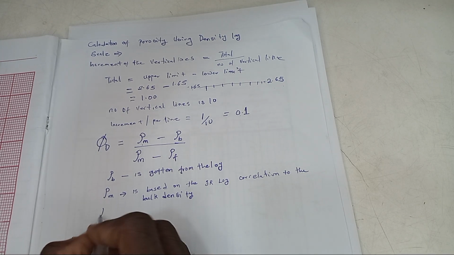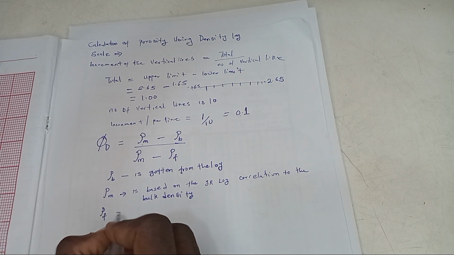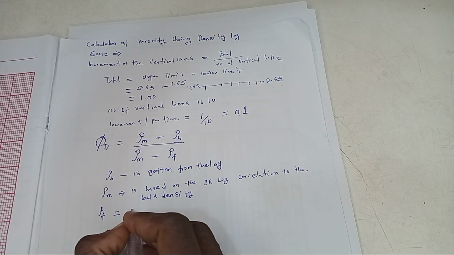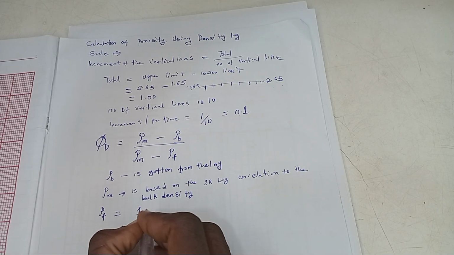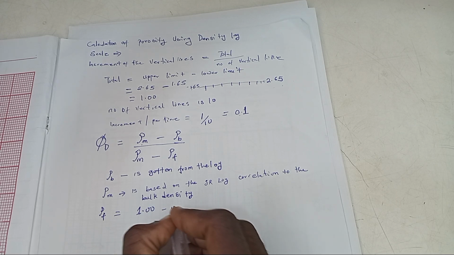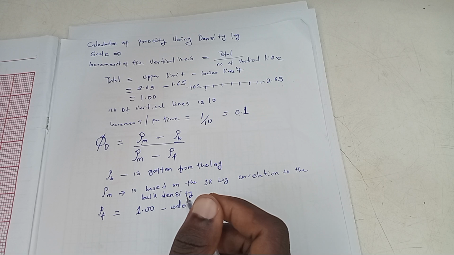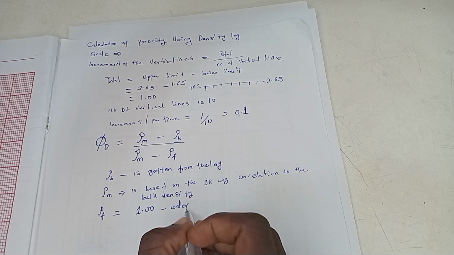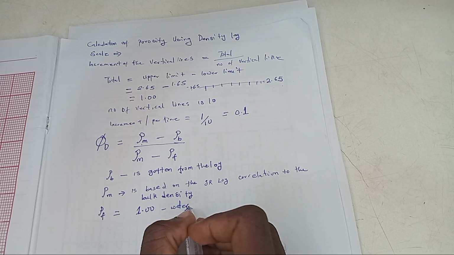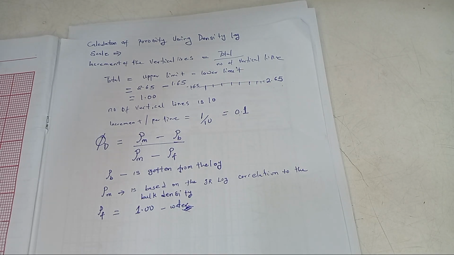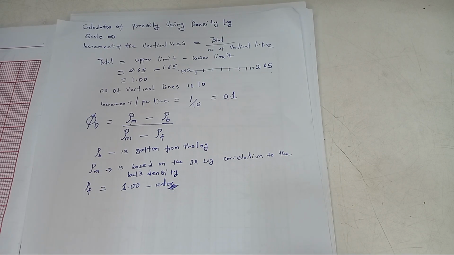And density of fluid: most times we use 1.0, which is for water. The kind of fluid that we have, although we have gas, and we have some mud filtrate also as our fluid, but 1.0, just take it as a constant for prediction purposes. There's not really complexity in this basic well logging quantitative analysis. So you take 1.0 as the density of your fluid.